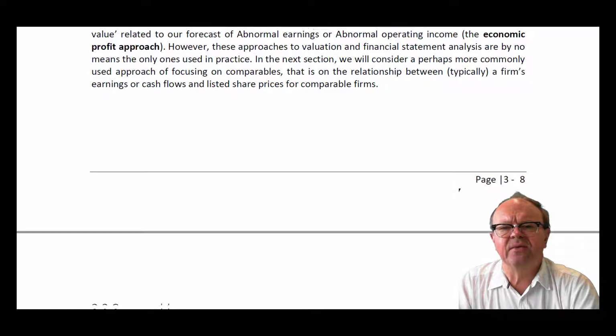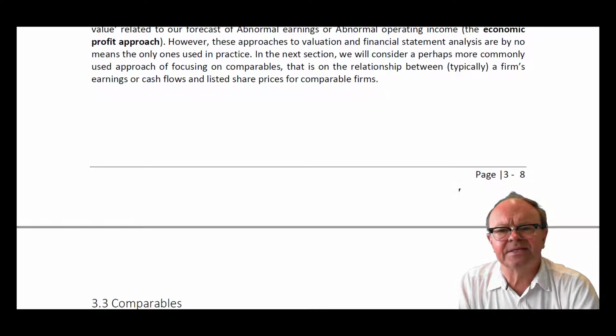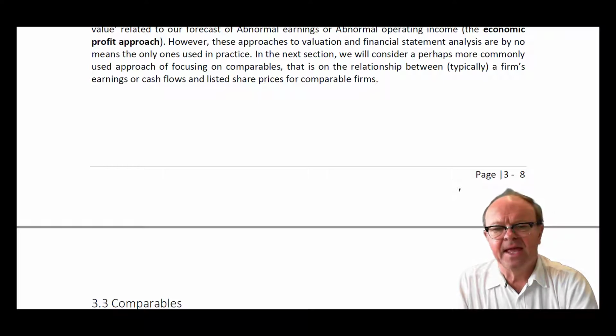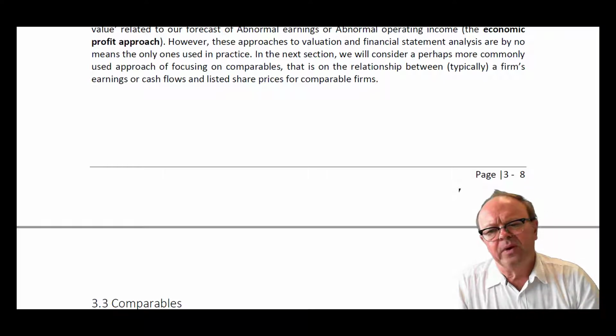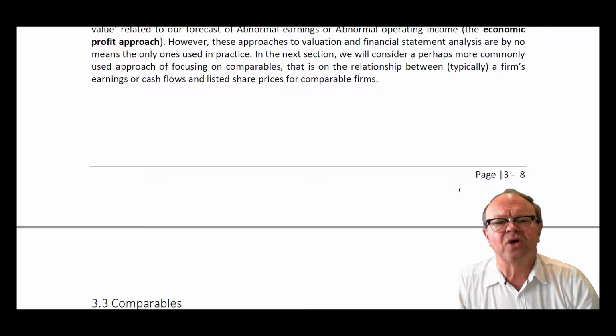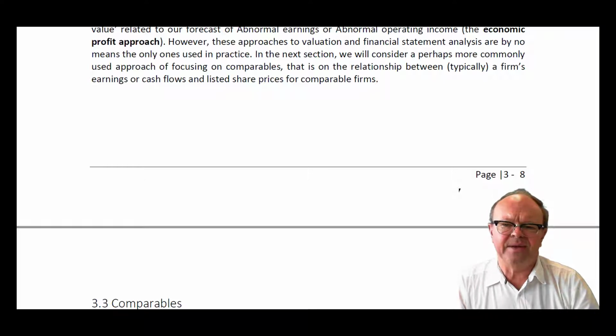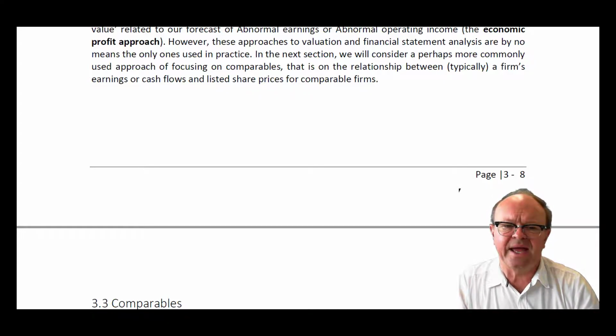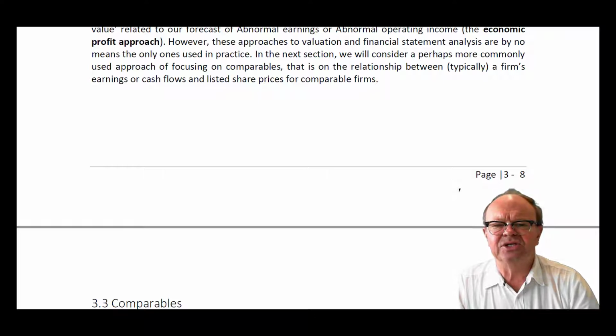However, these approaches to valuation and financial statement analysis are by no means the only ones used in practice. In the next section, we will consider a perhaps more commonly used approach of focusing on comparables, that is, on the relationship between typically a firm's earnings or cash flows and listed share prices for comparable firms.